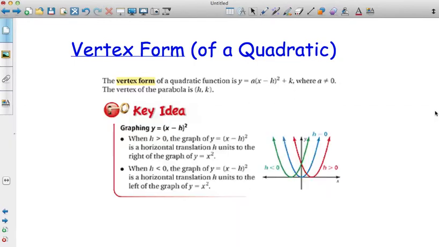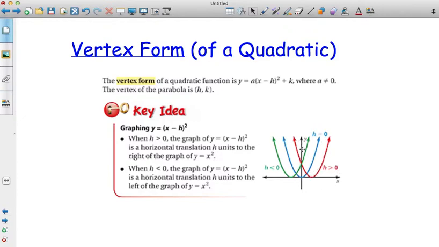One of the nicest things about vertex form is that you can tell the characteristics of a graph based off of the formatting. So if you just have a basic form like this, where I've taken away a and I've taken away k, if h is greater than 0, then it moves to the right.